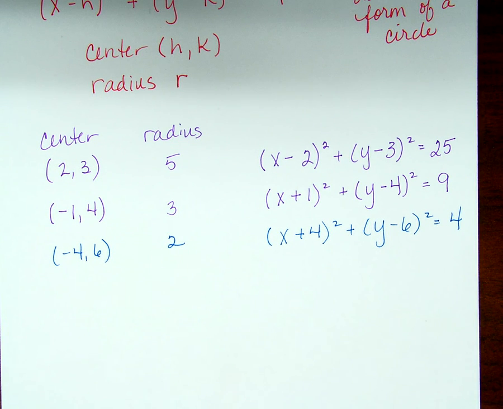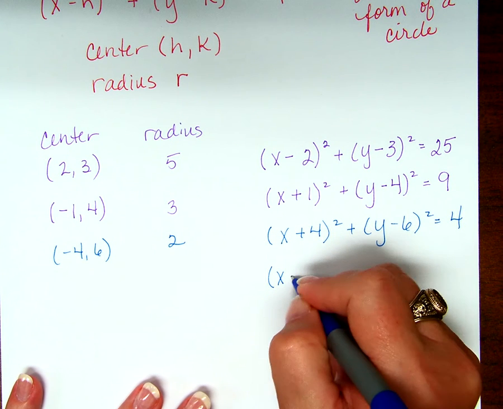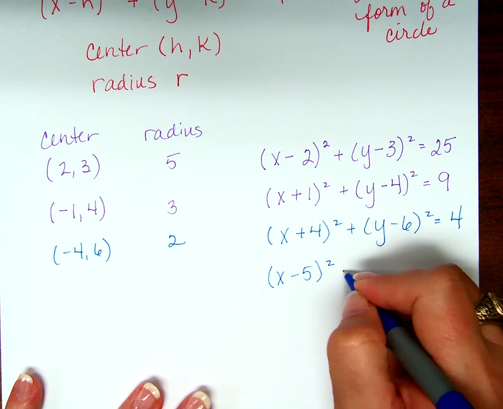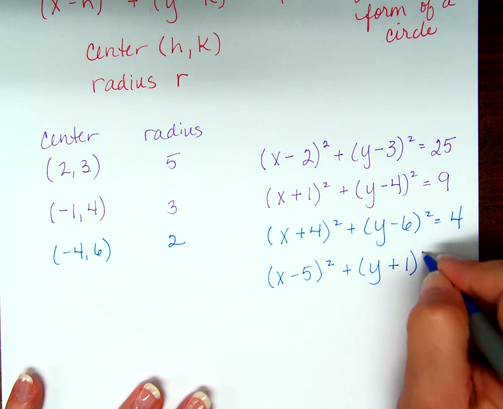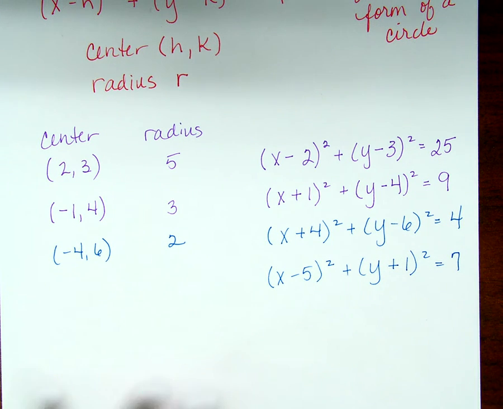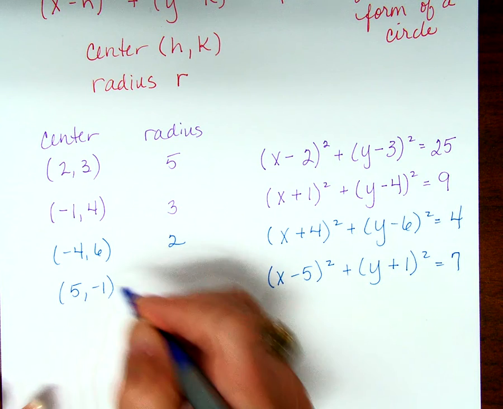Can I try to trick you? Yeah, okay. X minus 5 squared plus y plus 1 squared equals 7. Where's the center? 5, negative 1.